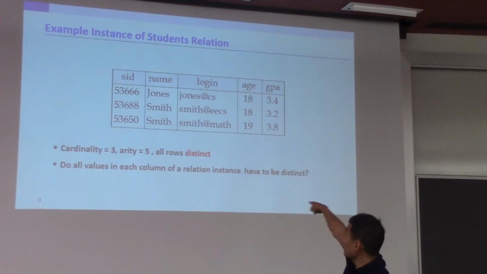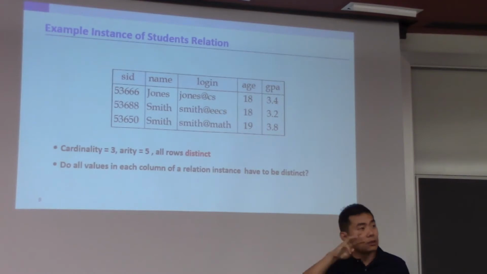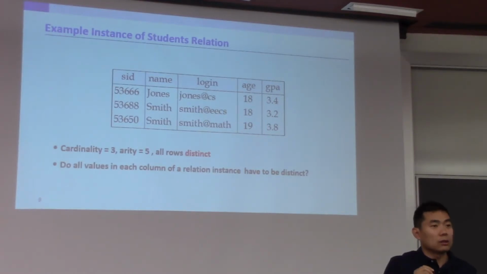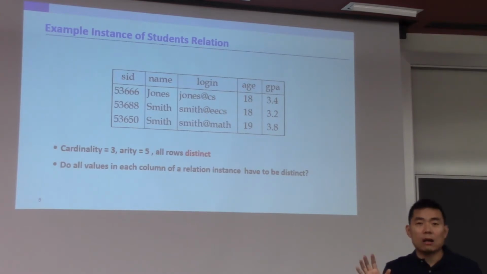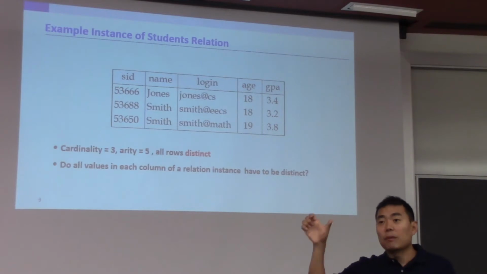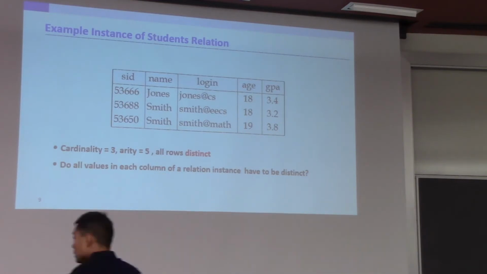Then the instance is really whatever is down below. In particular, this instance has 3 records. One thing all 3 records have in common is that they conform to the same format and structure. They can have different values, but they must all conform to this particular structure defined in your schema.